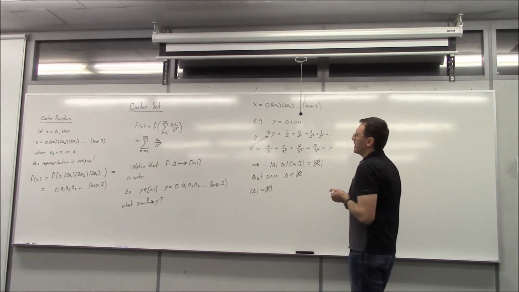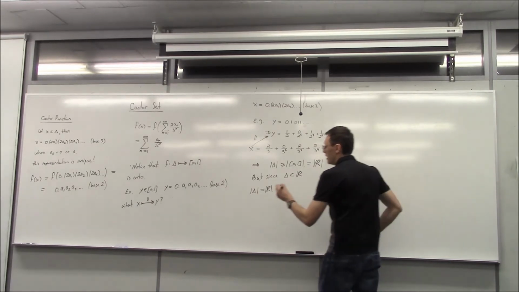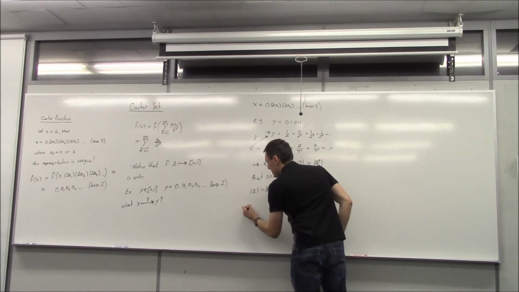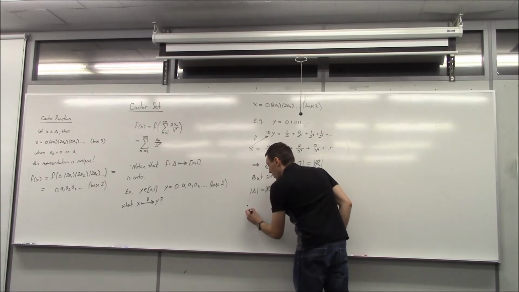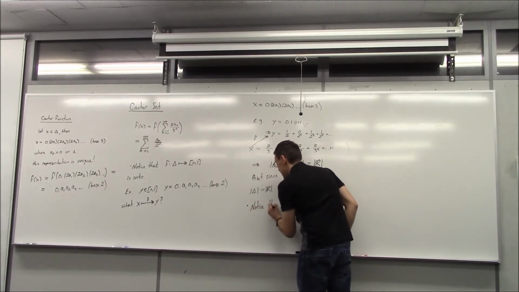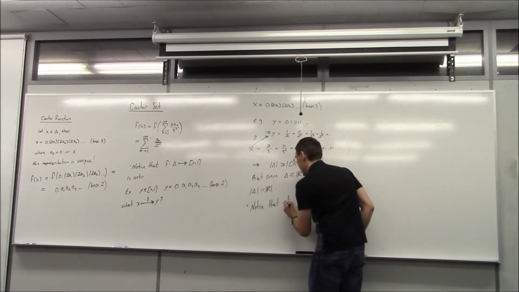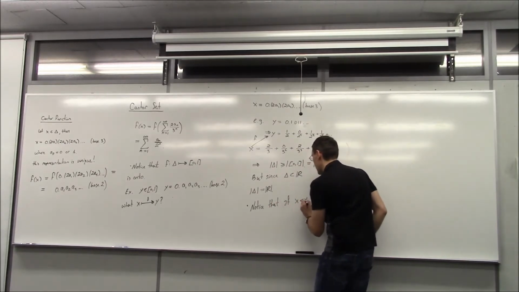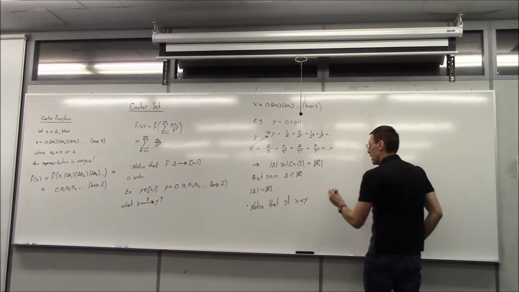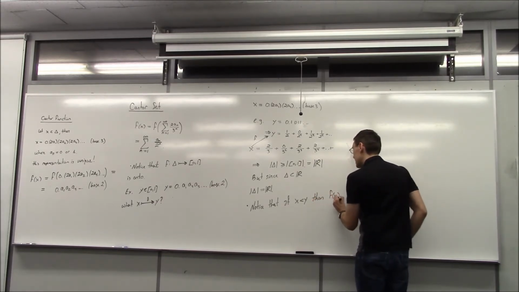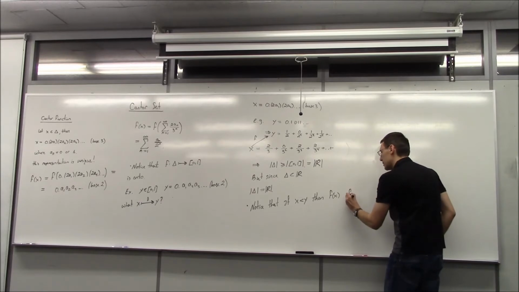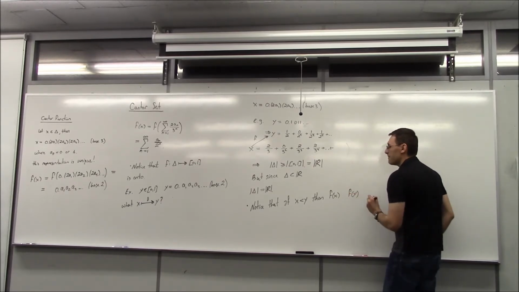So another thing that you should notice about this function, and this is perhaps less obvious, maybe I'll leave it for you as homework. So notice that if x is less than y, then what's the relationship between f of x and f of y?